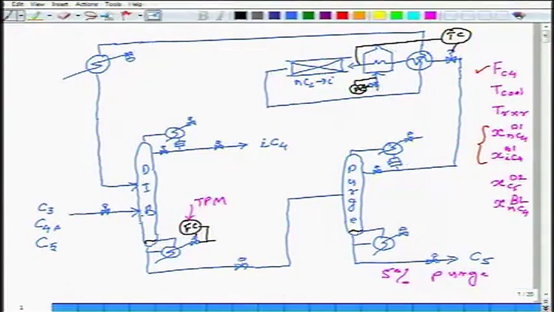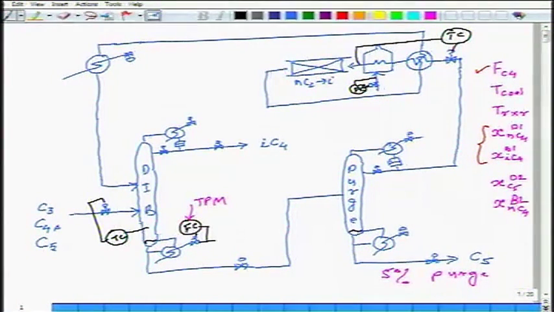I need to control the amount of IC4 leaking down the bottoms of the de-isobutanizer. How do I do it? Since you are using boil up as TPM, the only option is to do this. Yes or no? Yeah.